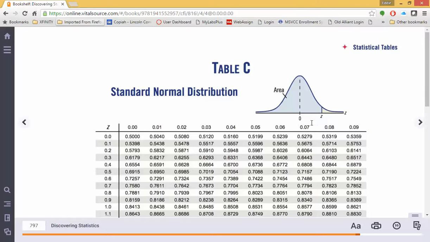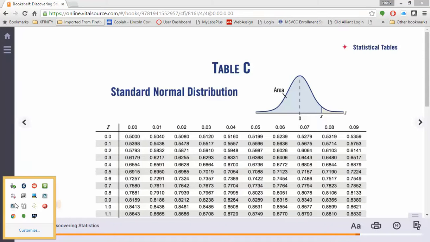That's different from table A because table A just gives you an area from the middle here to the right. Okay, so in my opinion, it's a little bit easier to understand how to find the probabilities when we start working out problems by using just table B and table C.